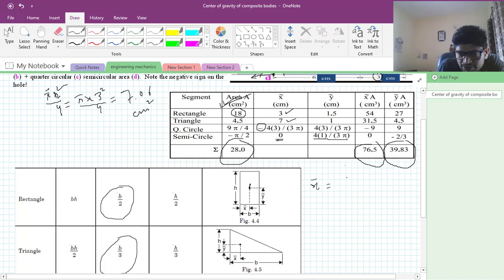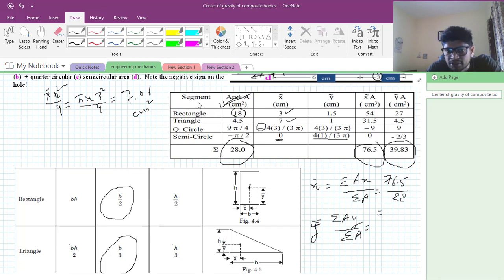Now we will do some calculation, like x bar is equals to summation of ax upon summation of a, and y bar is equals to summation of ay upon summation of a. Then summation of ax we have calculated already, 76.5 divided by area 28. What will be the answer?